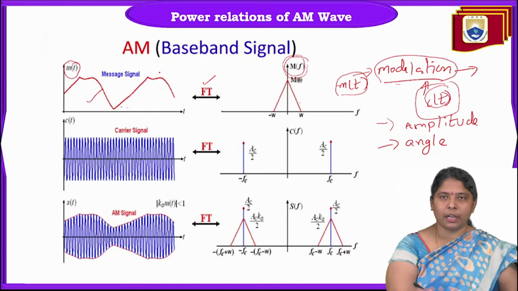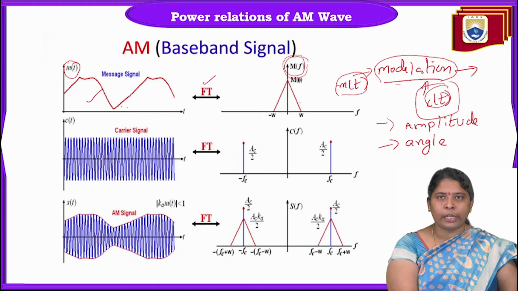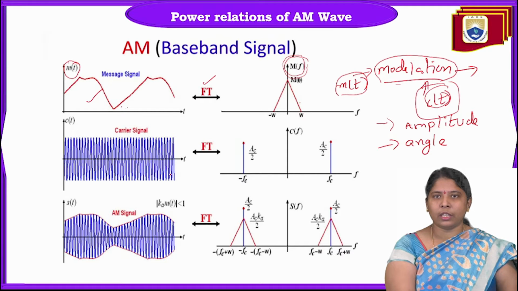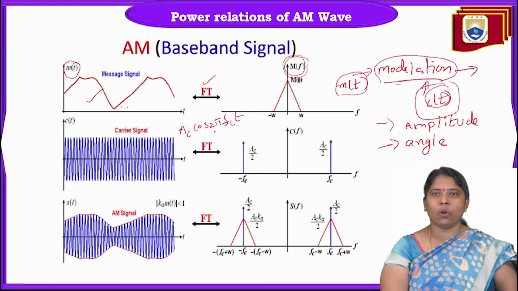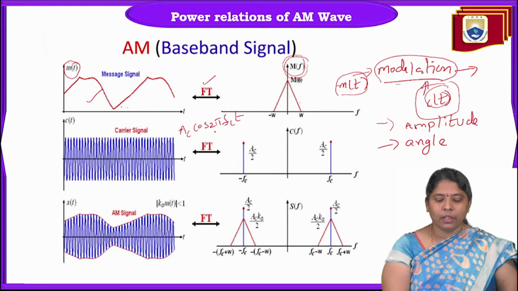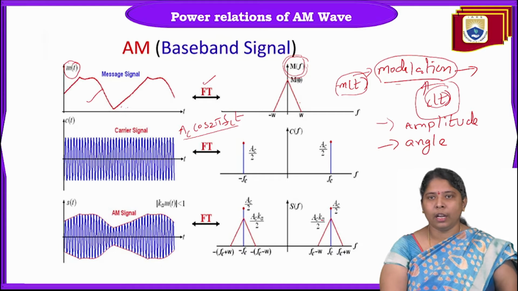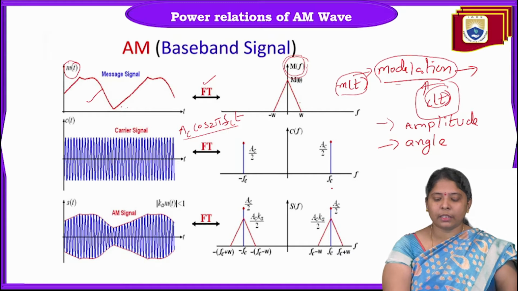This is the message signal. The carrier signal we take as a sinusoidal or cos signal, represented mathematically as Ac cos 2 pi fc t. After applying the Fourier transform to the carrier signal, we get an impulse at frequency fc and at minus fc.